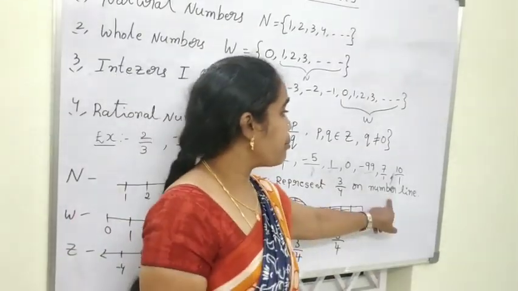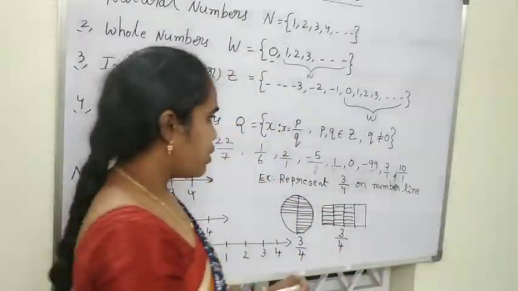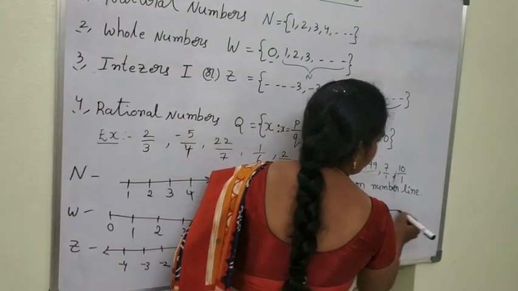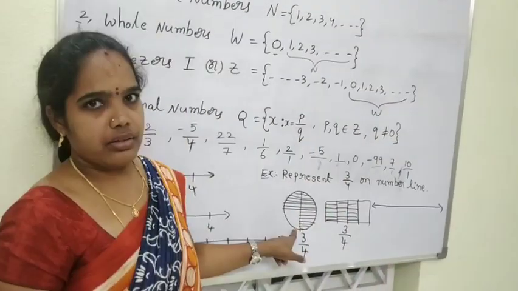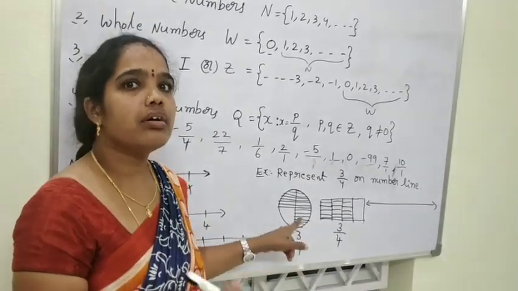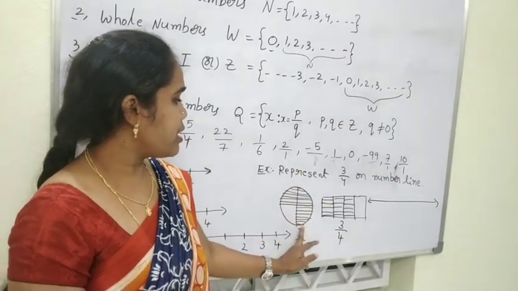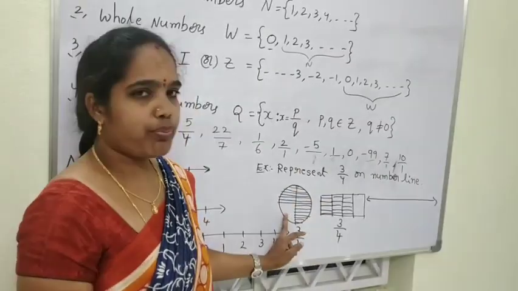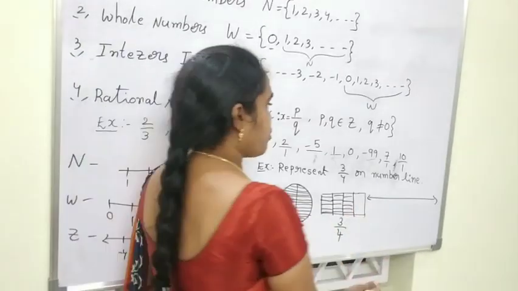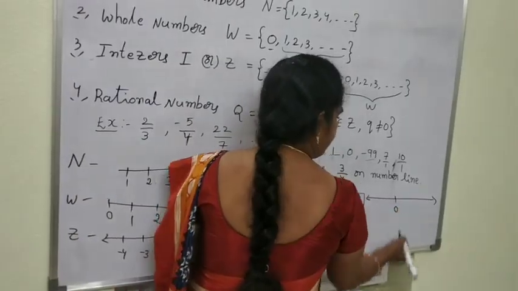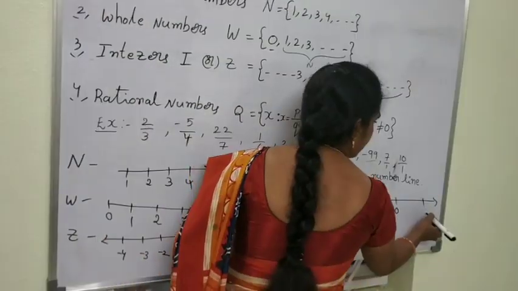One more way, number line. How to show it on the number line? Easily I will explain. See, here one cake or one chapati or one biscuit. Like that, if you take one chapati, we are dividing it into 4 parts. In that, 3 parts we are taking. Like that, here also, first take 0 and after that take 1.